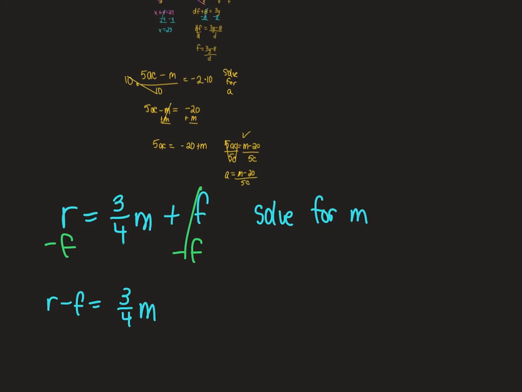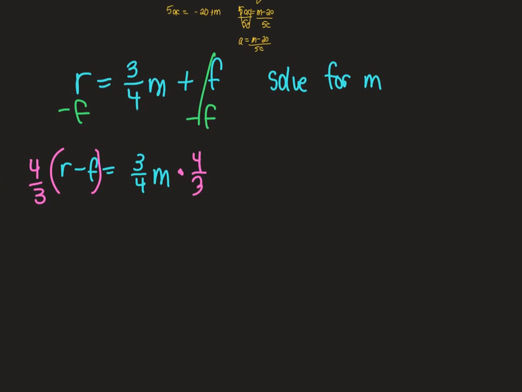Here's where I like to multiply by 4/3. That way the 4's are diagonal, the 3's are diagonal, and I get rid of them at the same time. And when I come over here and multiply by 4/3, I have to multiply the whole left side, which means don't forget parentheses.